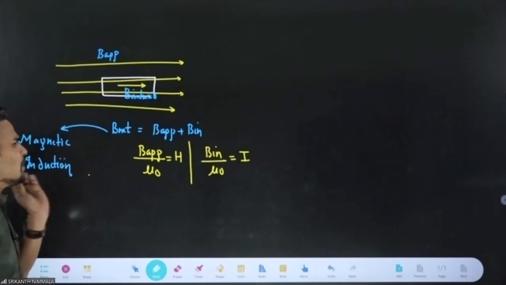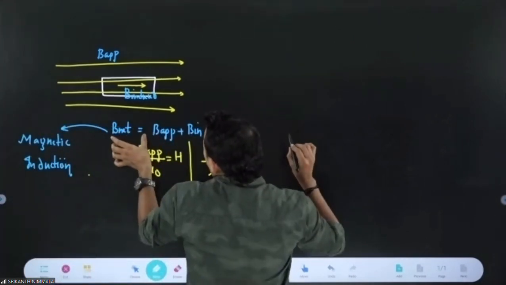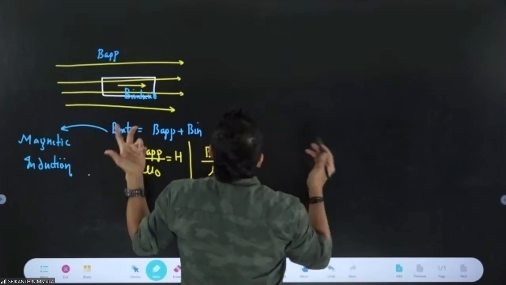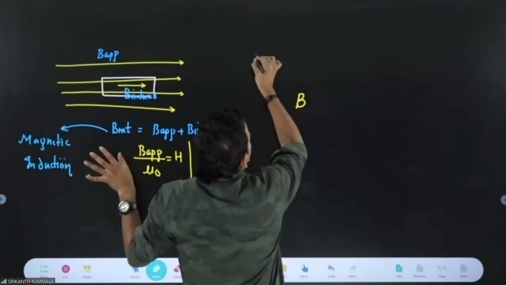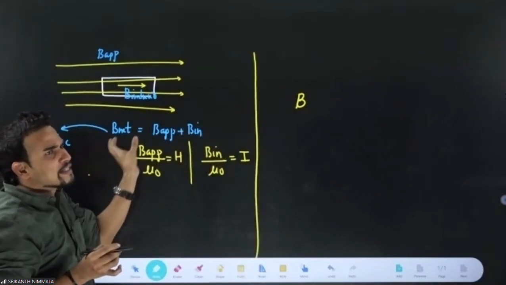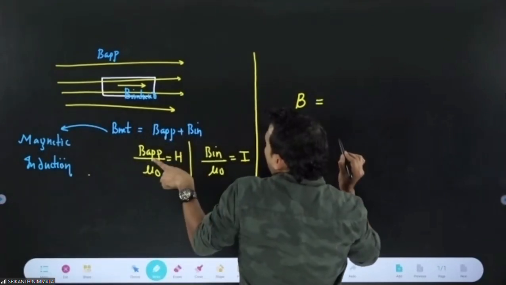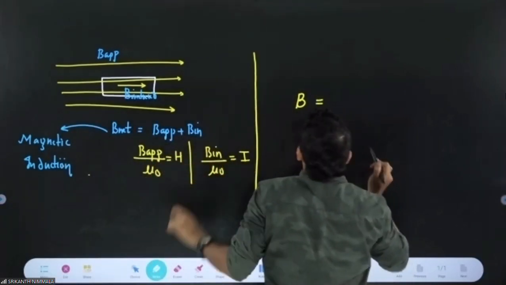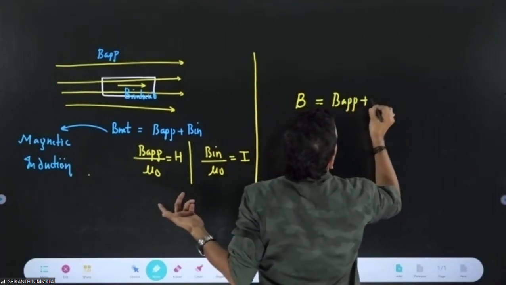Just see. Let's represent the net magnetic field by B. So B net will be B applied plus B induced.